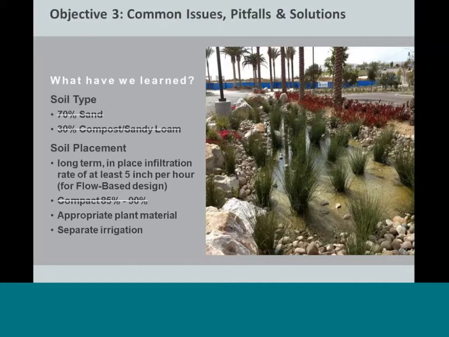It could be 1 inch or 2 inches; that could vary. The key at that point is that you're providing enough storage volume for whatever your water quality volume design criteria is, so that you can store that, and as long as it draws down in 24 to 48 hours, then you're okay.